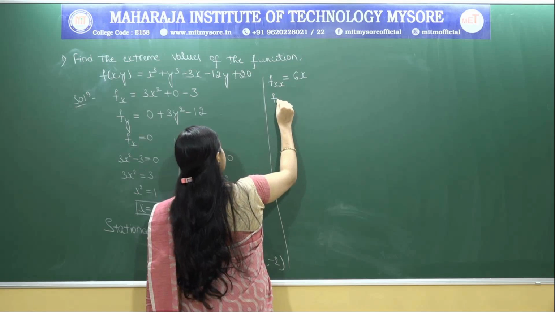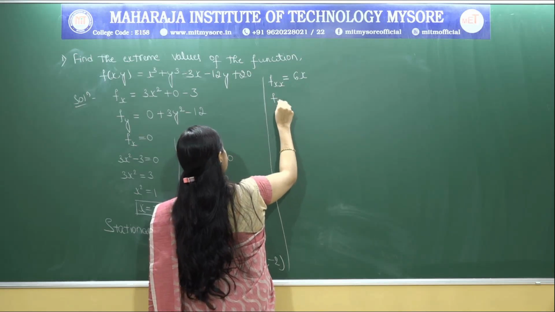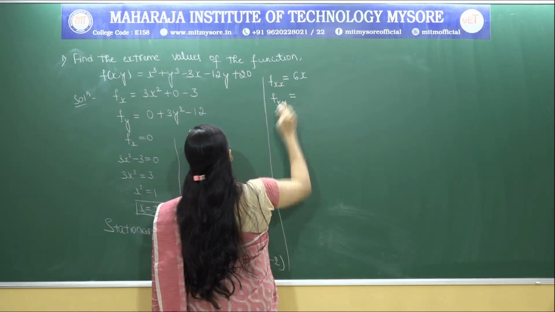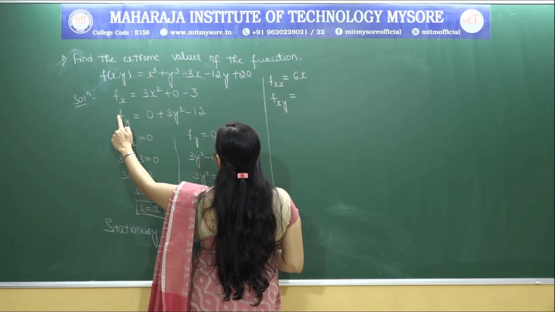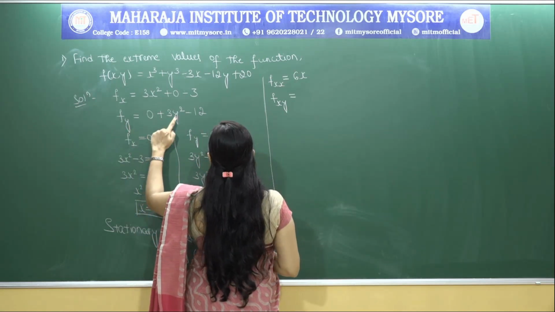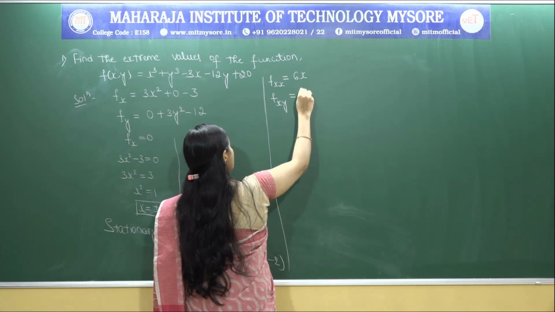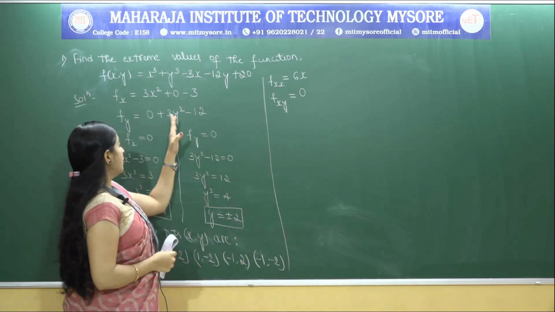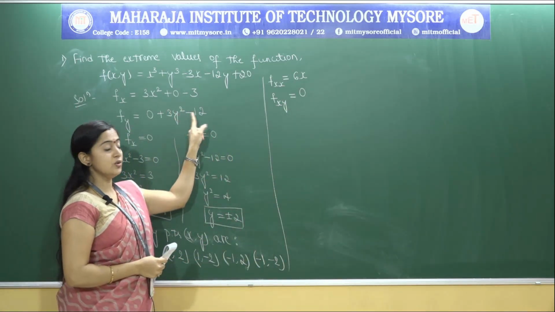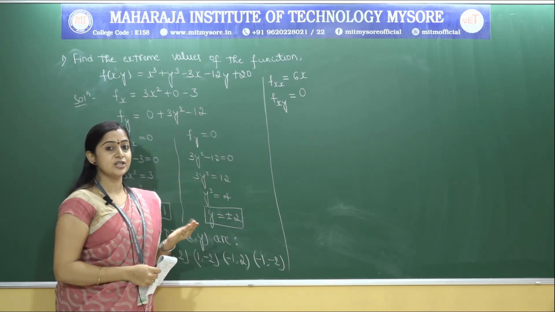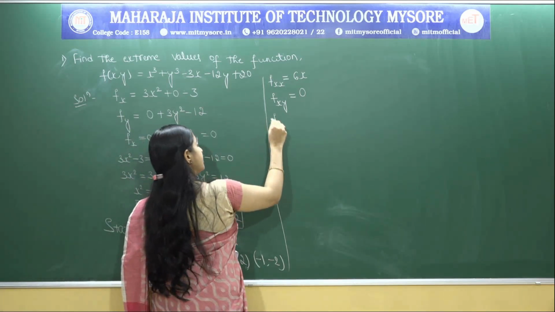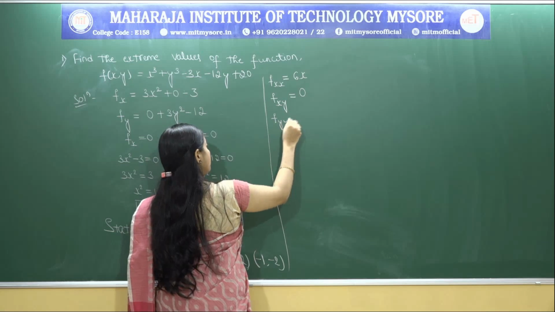Similarly, you differentiate the second part, fy with respect to x, you will get 0, since you have 3y square, the differentiation is 0, and 12, the constant term, the differentiation is 0. Next, differentiate fy again with respect to y.